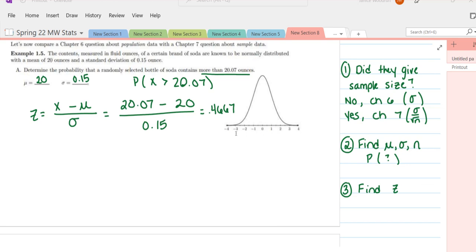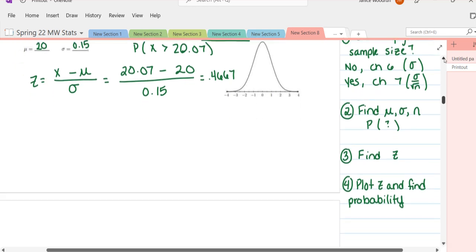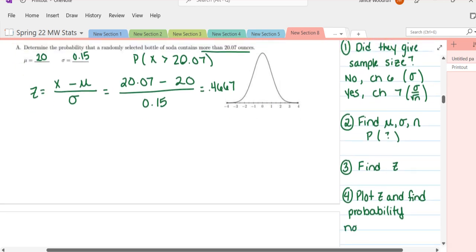All right, so 0.4667 for your z-score, and then you're going to plot z and find the probability. Okay, and that's your normal CDF function. So I'm going to put LL for lower limit, UL for upper limit.